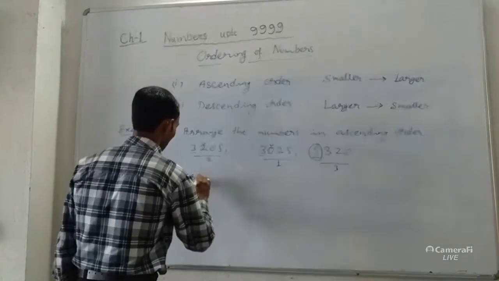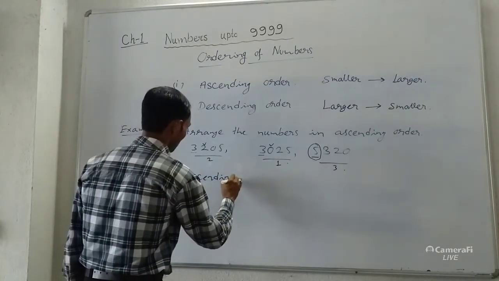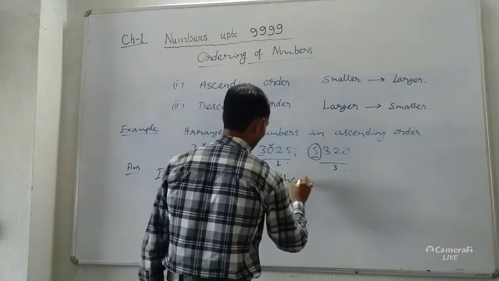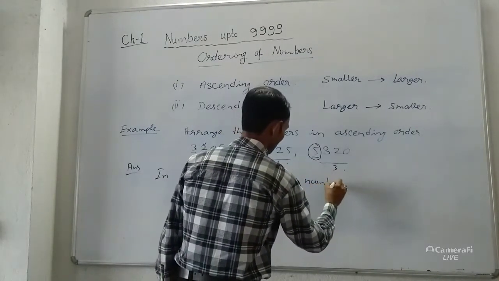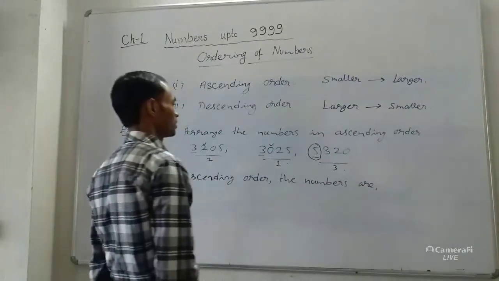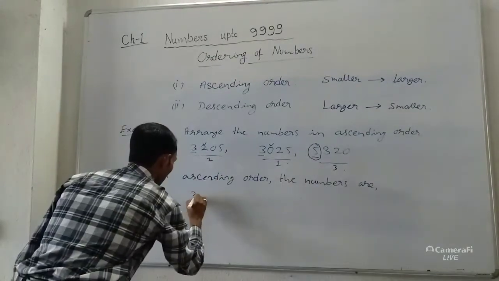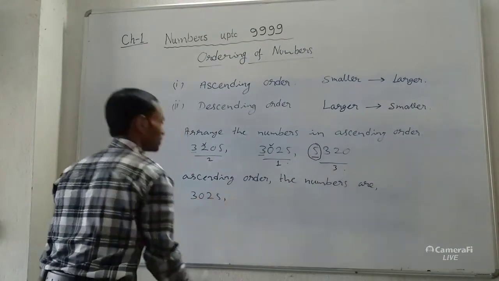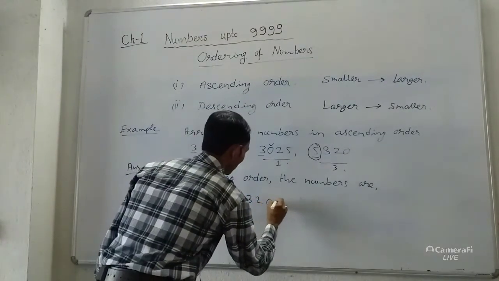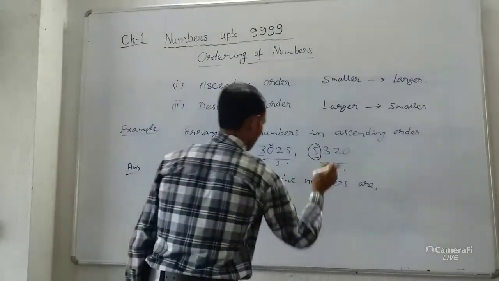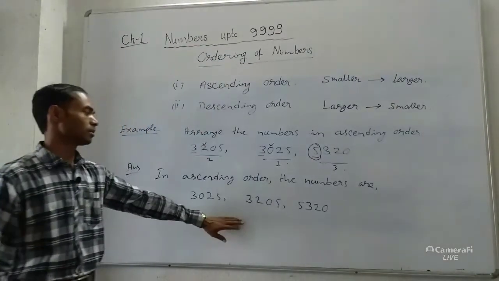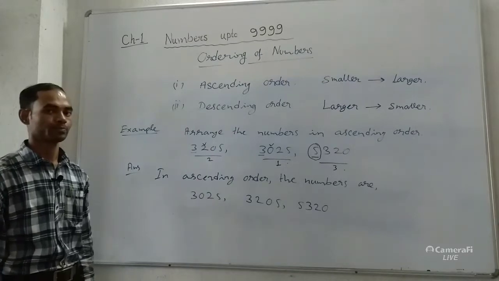In ascending order, the numbers are first this one, 3025, second is this one, 3205, and third one is this, 5320. So this is the proper ascending order.